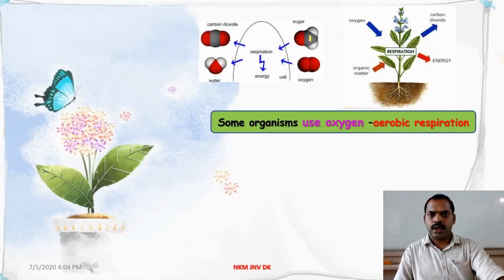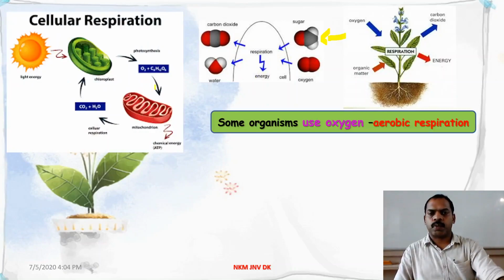You can see here sugar or glucose is used and the oxygen is used, and as a result of respiration energy is released, and carbon dioxide and water are the byproducts. This normally happens in a plant or animal.